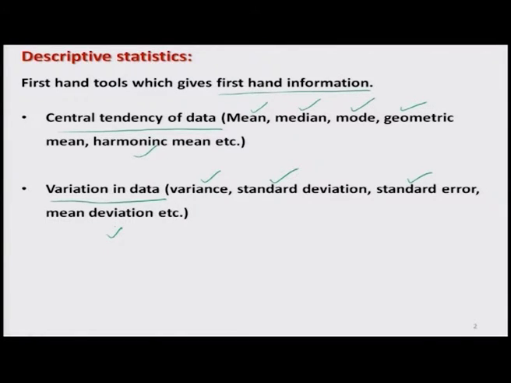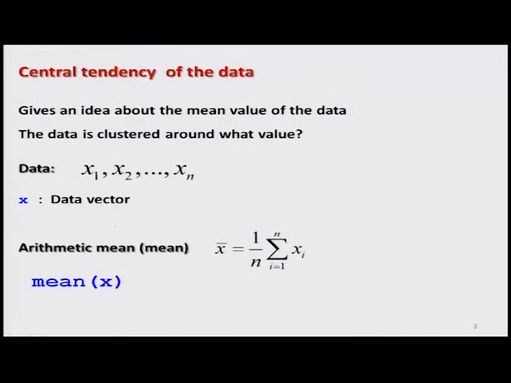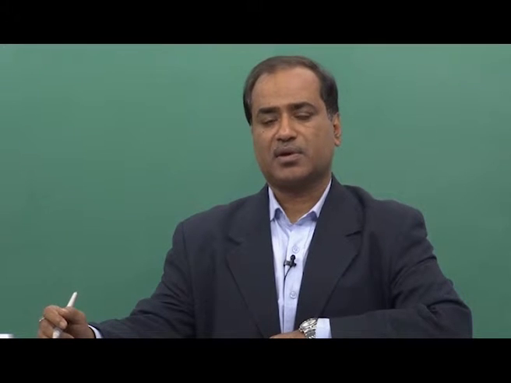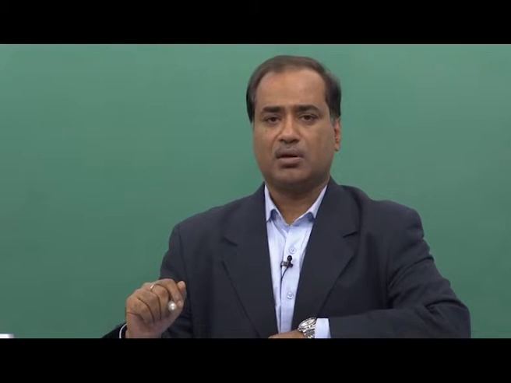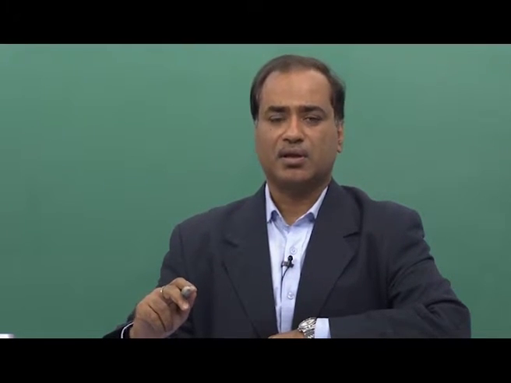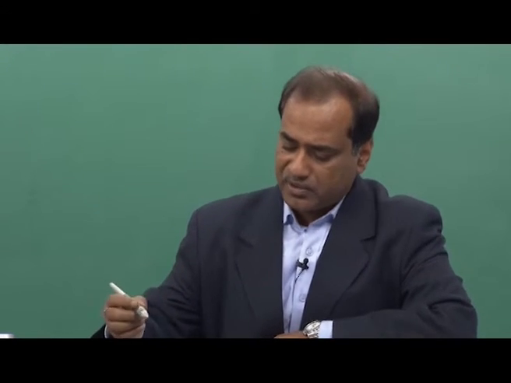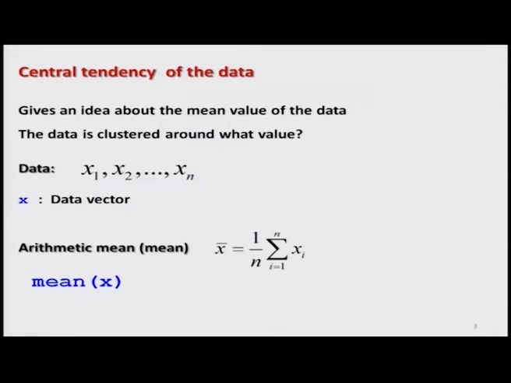So first we are going to concentrate upon the different measures for the central tendency. First question comes, what is this central tendency and what do we really mean by this? Whenever we get data, we would like to see what is the value around which they are concentrated. For example, suppose you get some values and if you try to plot them, and suppose this looks like this.